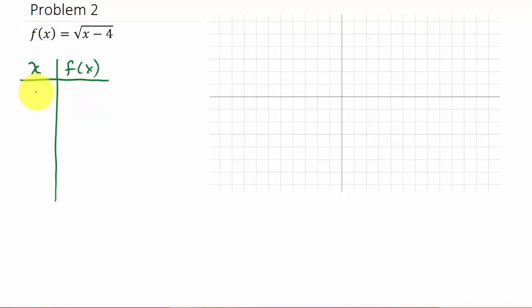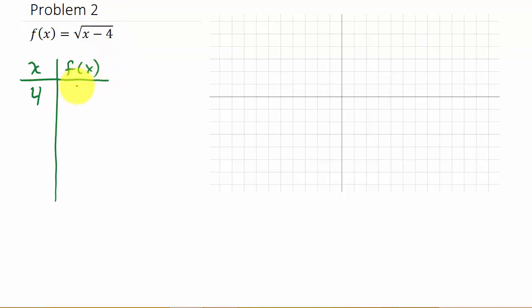So the first number that I want to pick is 4. So why is that? Because if I plug 4 in for x, 4 minus 4 is 0. That's just how I always do it.